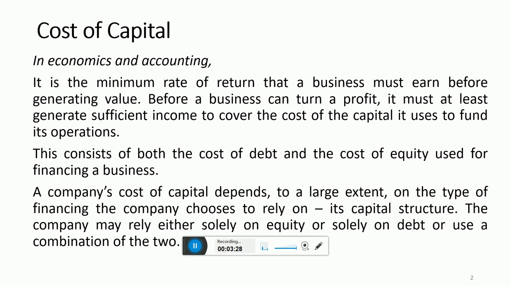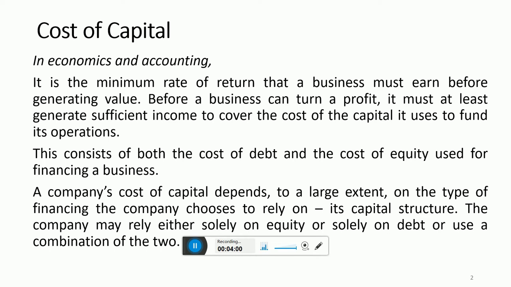A company's cost of capital depends to a large extent on the type of financing the company chooses, its capital structure. The company may rely solely on equity or solely on debt, or use a combination of both. The cost of capital interest rate a company experiences is affected by the risk associated with its business type.